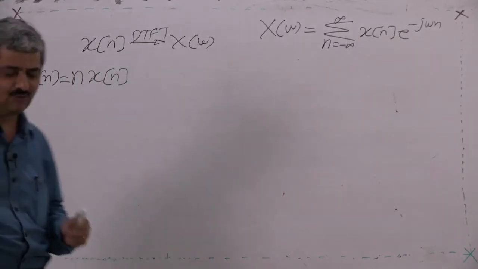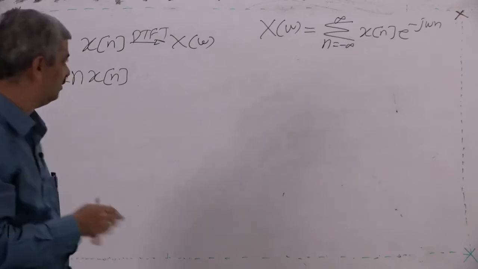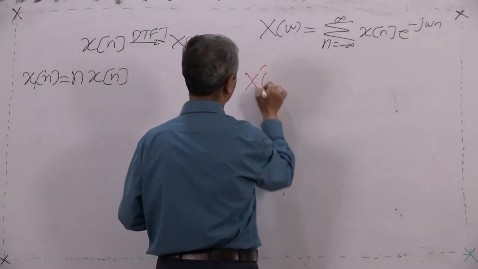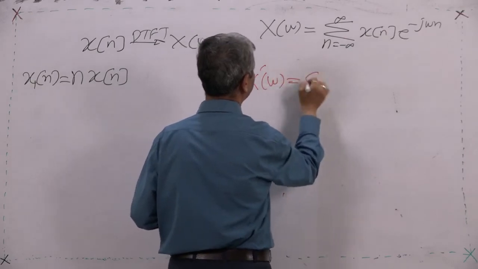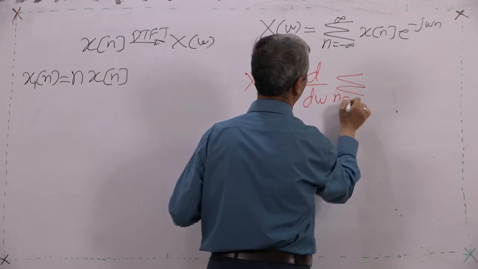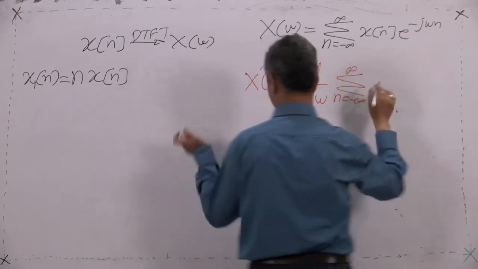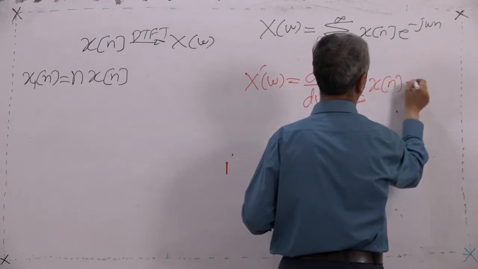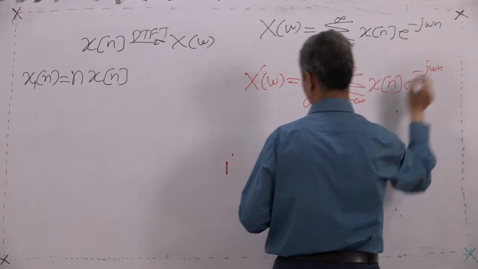We are told to do reverse engineering. So in reverse engineering what do we do? We find X'(omega). What is X'(omega)? The derivative of this is d by d omega of the summation n equal to minus infinity to infinity of x[n] e raised to minus j omega n.